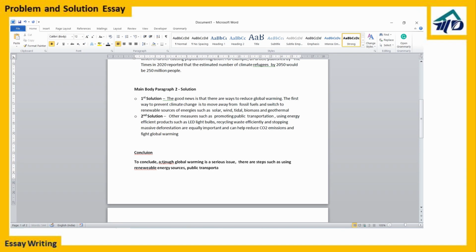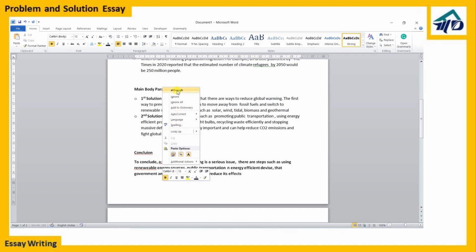I'm just mentioning all the points again, and energy efficient devices that government and individuals can take to reduce its effects. That's all, guys. So this is my conclusion.